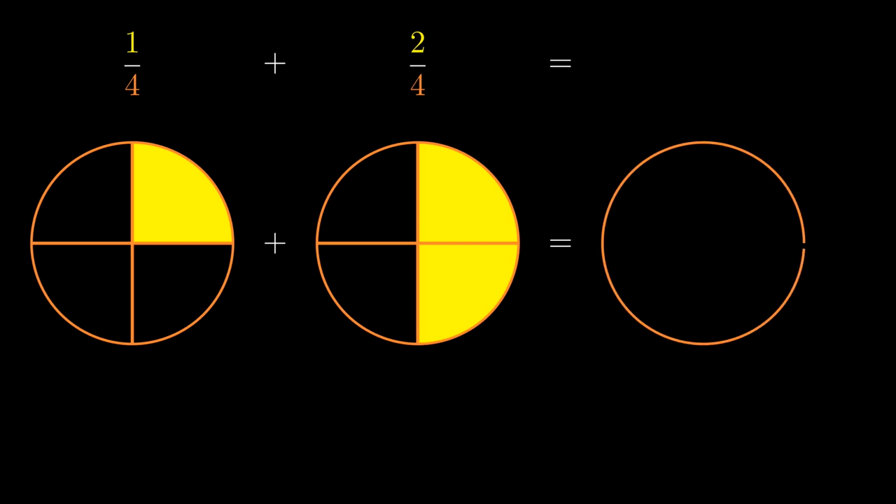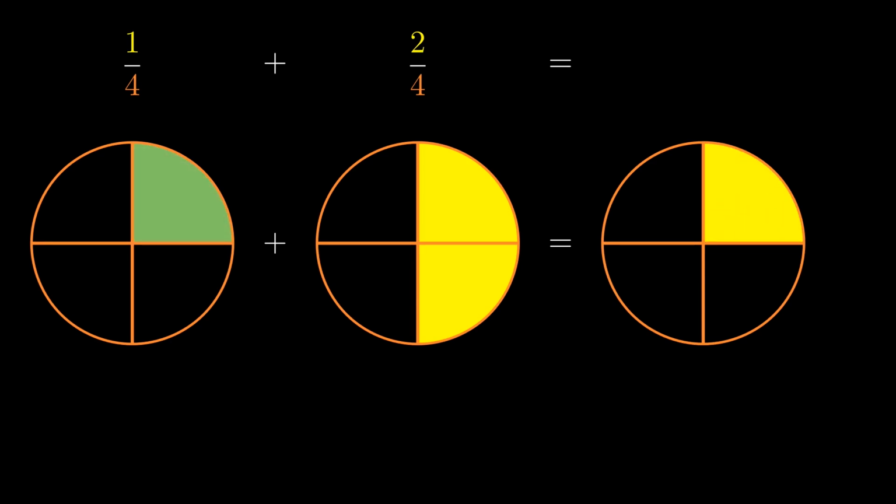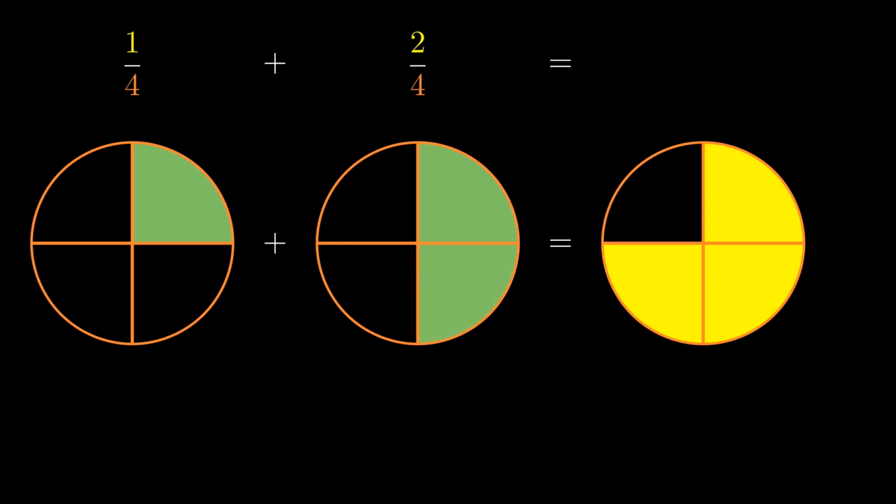And this equals, and again let's draw a pizza split into 4, and it represents 1 area shaded plus 2 equals 3. So that's 3 over 4.